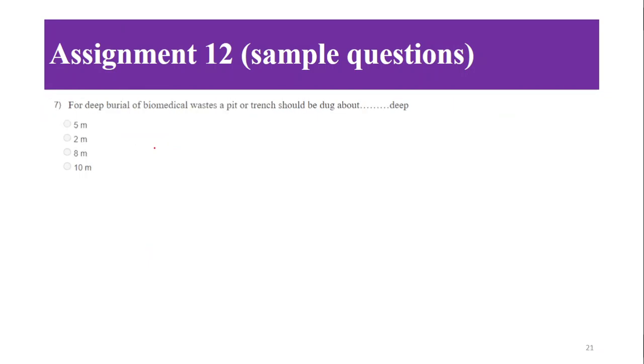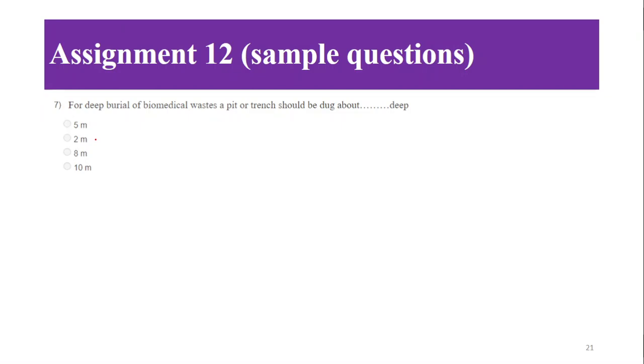Next question, for deep burial of biomedical waste, a pit or trench should be dug about dash meter deep. So what is the correct option here? Is it 5 meter, 2 meter, 8 meter or 10 meter? For the deep burial. 10 meter. No, 2 meter. 2 meter is the correct answer.